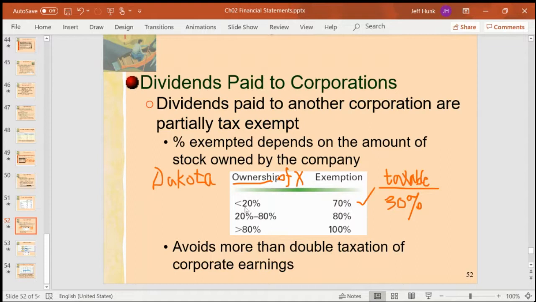But in general, I would assume that the ownership share of Dakota in company X is less than 20%.